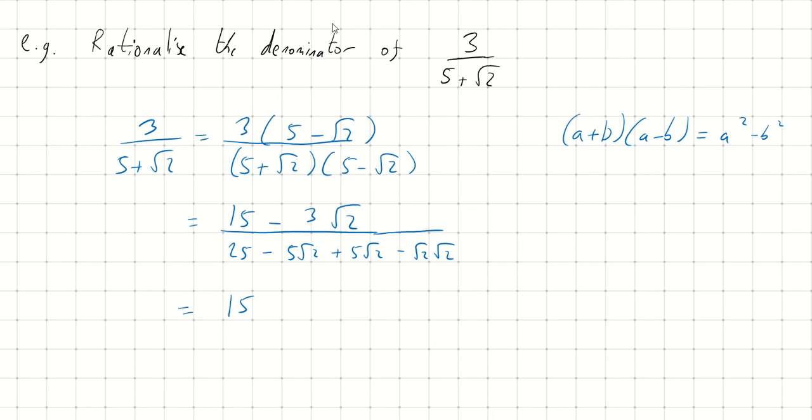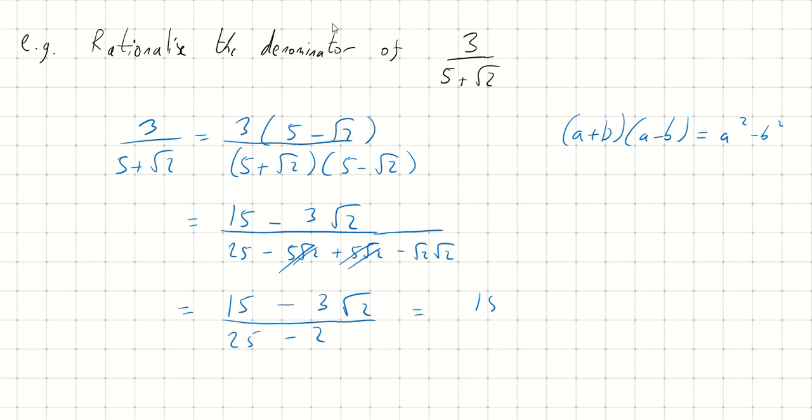So we've got our numerator 15 minus 3 root 2. Now the denominator, we actually get some nice cancellation. Minus 5 root 2 plus 5 root 2, these cancel out. And so we get 25. Now root 2 times root 2 is just 2. So we get 25 minus 2.